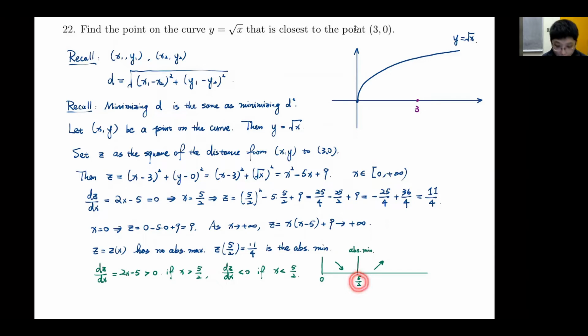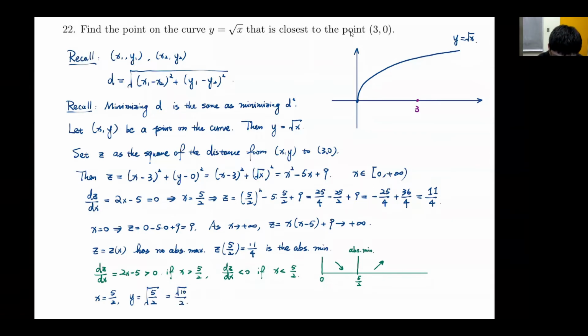Okay, but to formulate the answer, let's see what we want. We want to find the point on the curve. We are not asked to find the distance, so you need to figure out the y coordinate. If x equals 5 over 2, then y is going to equal root of 5 over 2, which can be rewritten as root 10 over 2.